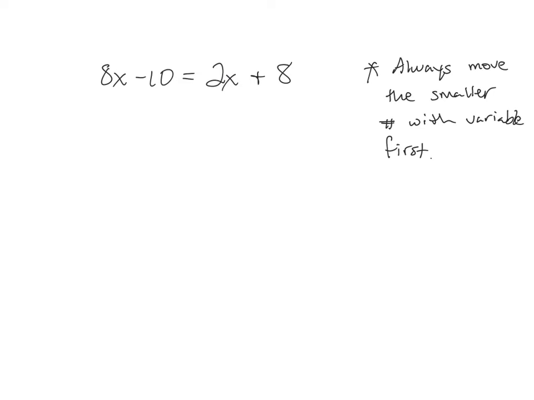It's not like you have to do it this way every time, but I think it usually ends up working out easier. So I want to move a number with the variable, but I want to move the smaller one. So 8x and 2x, the 2 is smaller than 8, so I'm going to do minus 2x over here.